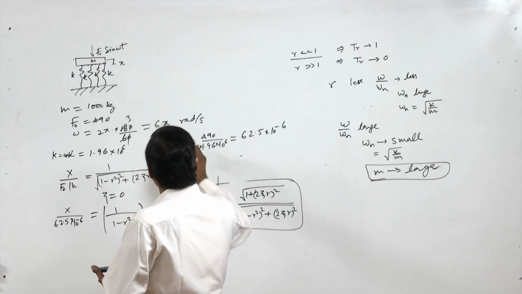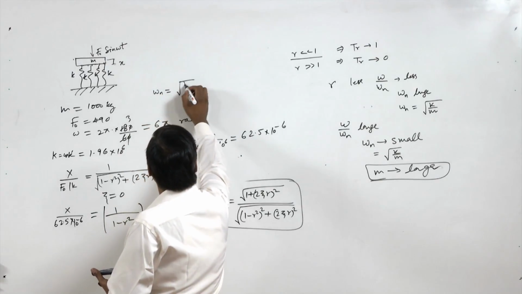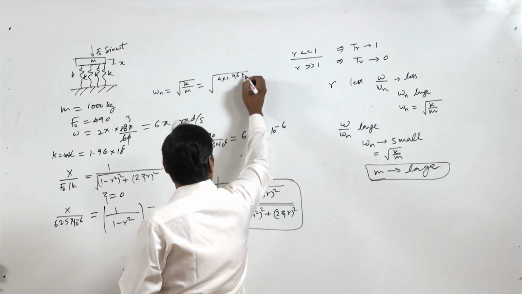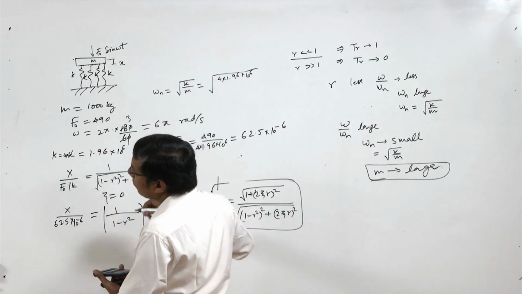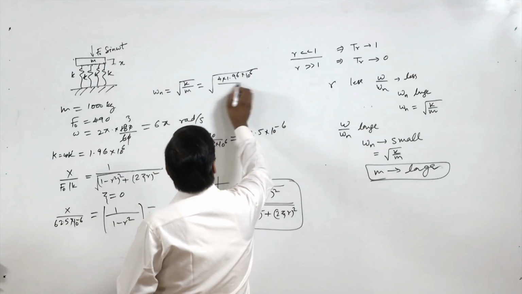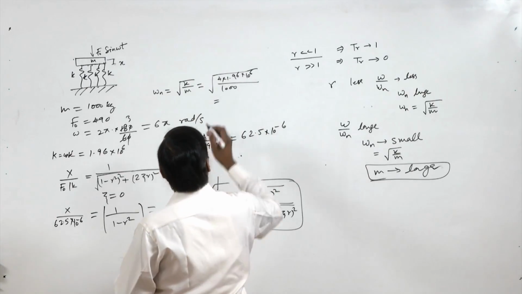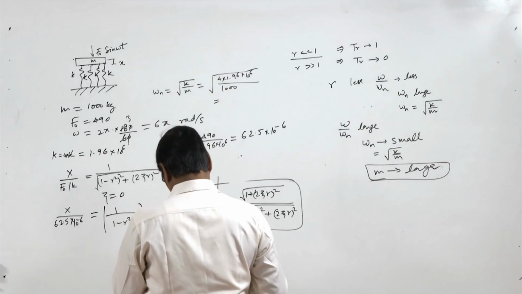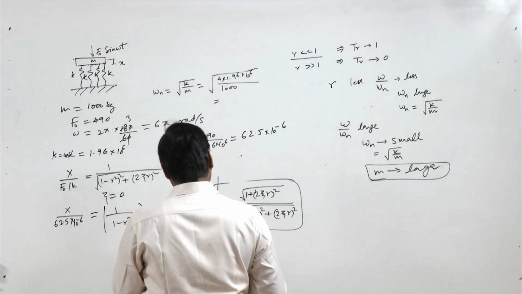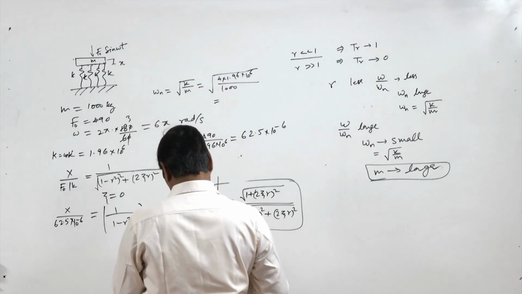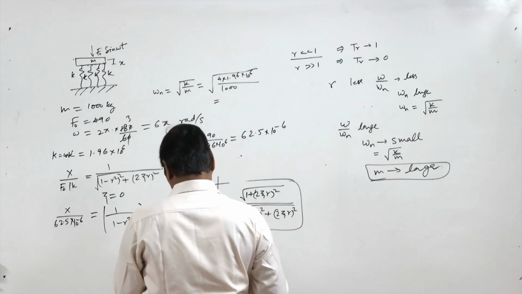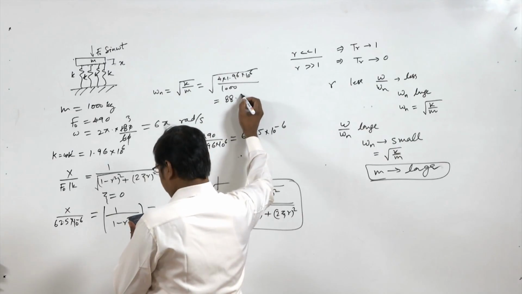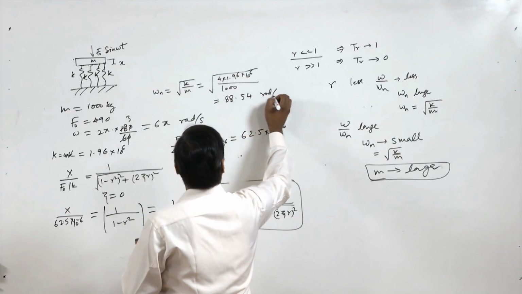Now omega n equal to root k by m, that is 4 into 1.96 into 10 power 6 upon m, where m is 1000. So we get 88.54 radian per second.